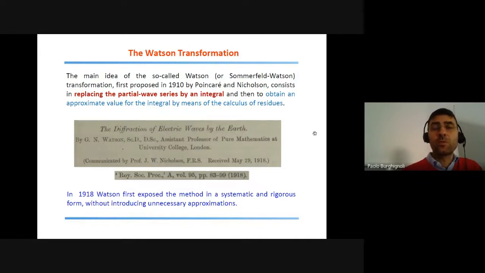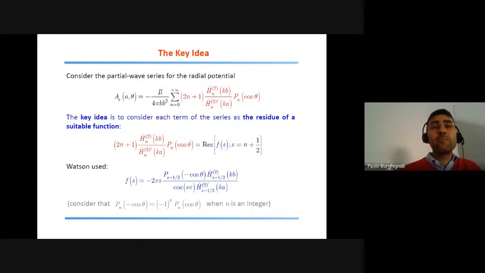This is the original paper by Watson that I will follow in the next few slides in order to show you how to proceed. The key idea is to consider the partial wave series for the radial potential, that is the exact solution for the total potential that is reported again on top of this slide.